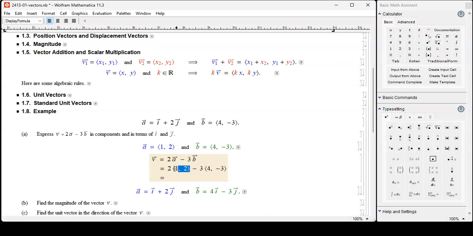And then I'm applying scalar multiplication by 2, so multiply by 2: 2, 4. There you go. And then I can multiply by 3, but I decided to multiply by -3 directly. So -12 and then +9.